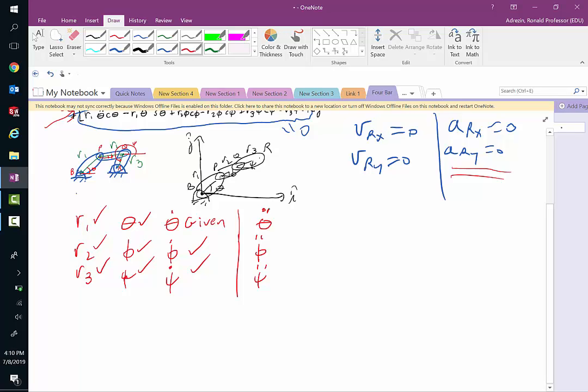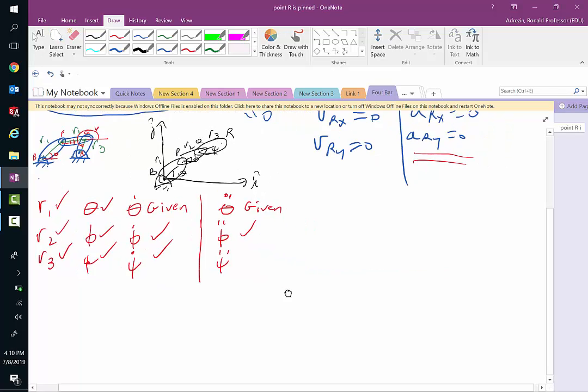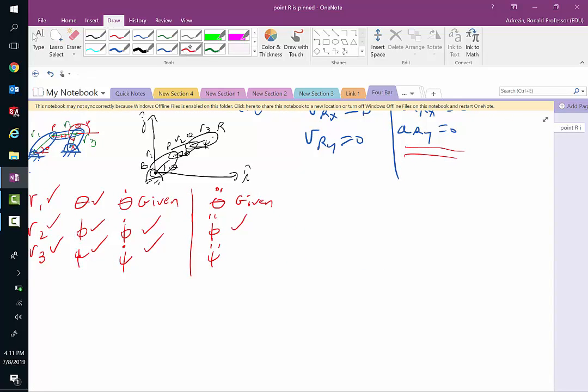So I have two more equations, I can handle two more unknowns. Typically, if theta dot is given, the angular velocity, then the angular acceleration would be given. And then I can solve for these two. Let's open it up a little bit. So I can solve, as I said, for, let's say, phi double dot and psi double dot.